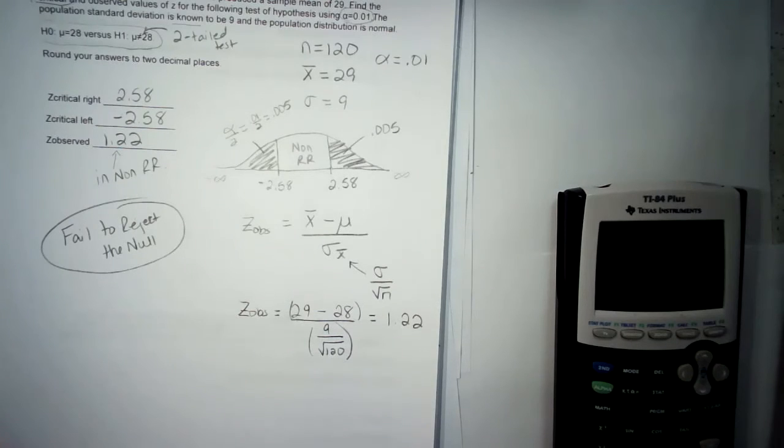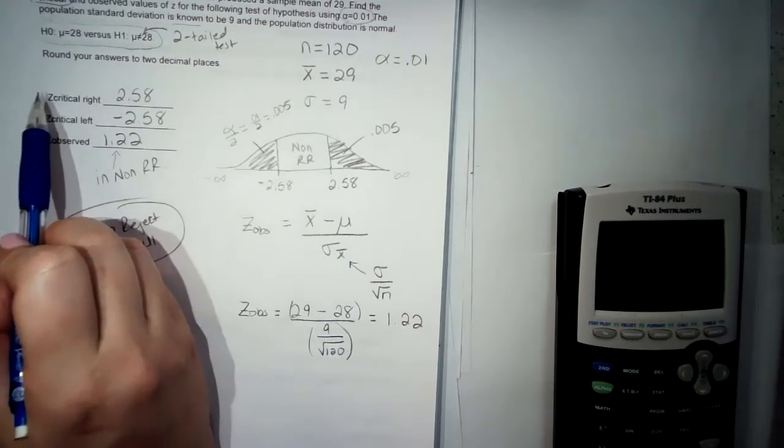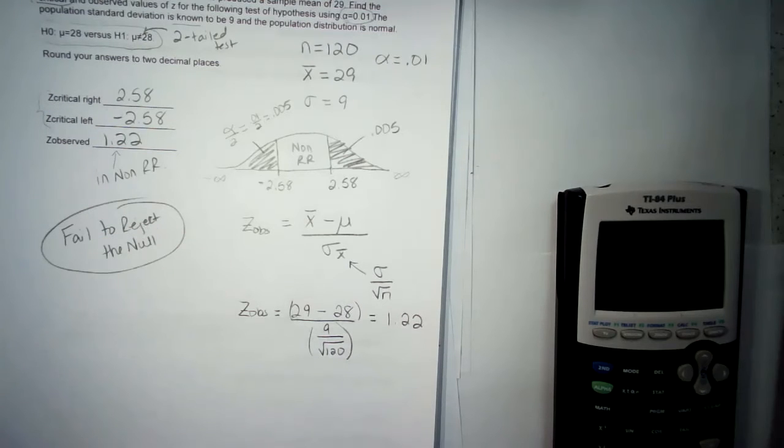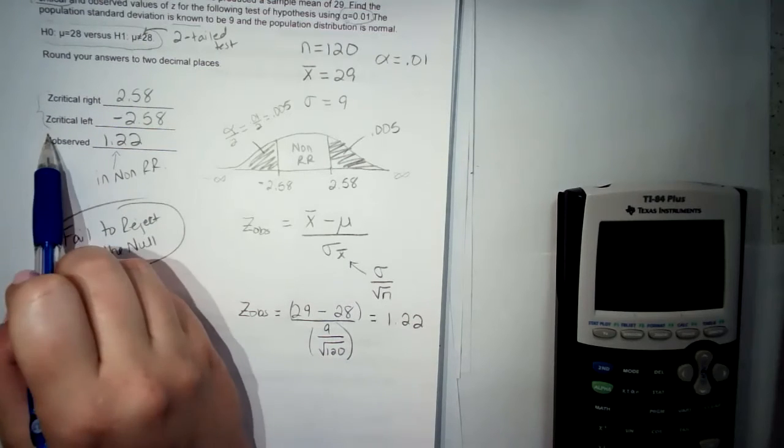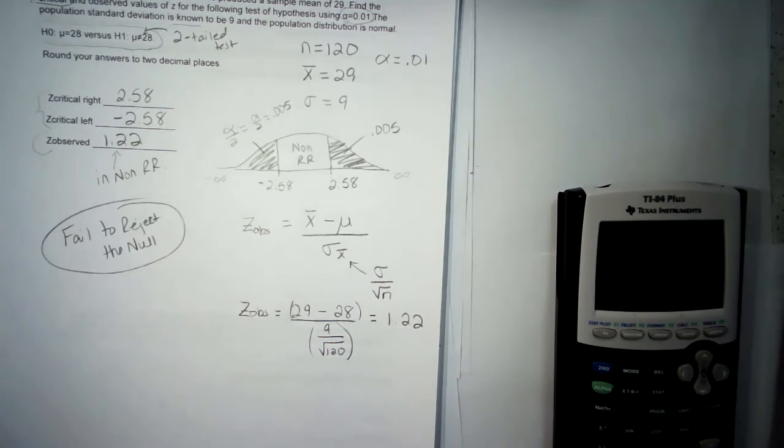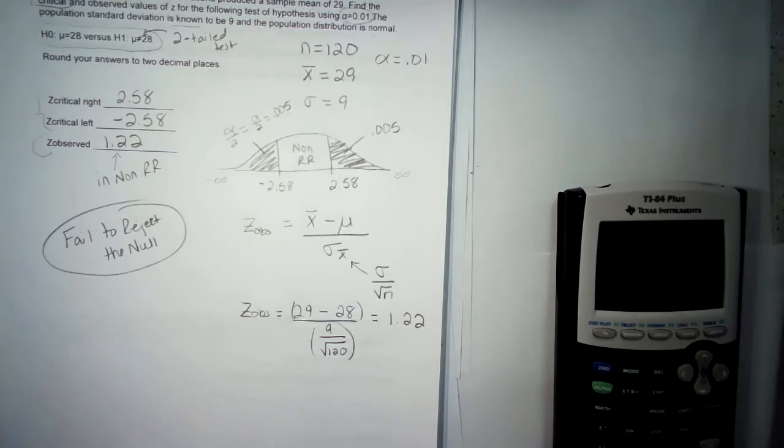Okay. So on test 4, it's still multiple choice. This is what they're going to ask you. They're going to have 3 questions per test. First question is going to be, what are the critical values? Second question, what's your test statistic? That's your Z observed. Third question, do you reject or fail to reject the null? Okay, so 3 parts to every test.